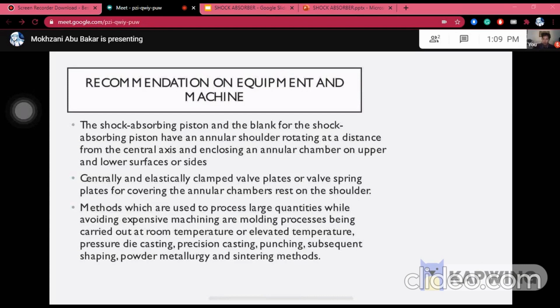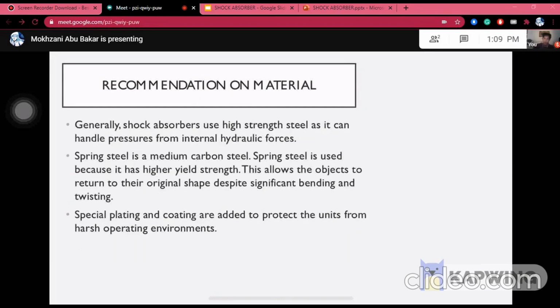Methods which are used to process large quantities while avoiding expensive machining or molding processes, carried out at room temperature or elevated temperature, are pressure die casting, precision casting, punching, subsequent shaping, powder metallurgy, and sintering methods.